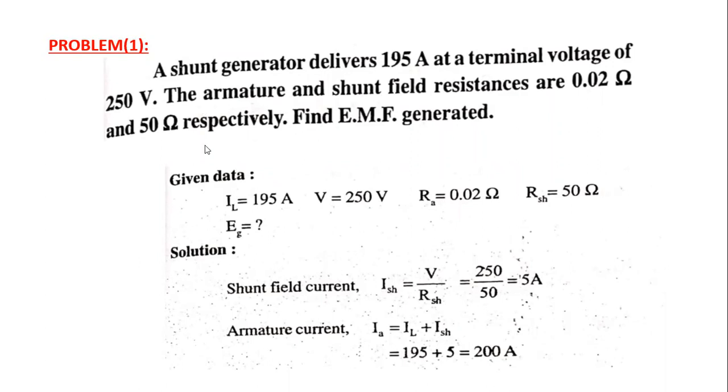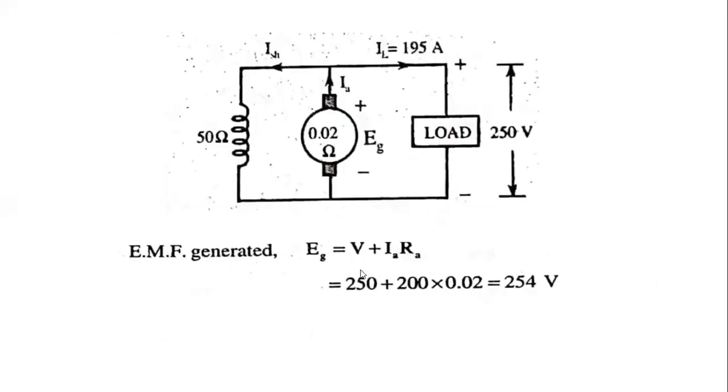After that, we write the given data for the problem, substitute all the values in the formulas, and calculate the EMF generated. These are the steps for solving problems related to the types of DC generator. Next, coming to the second problem.